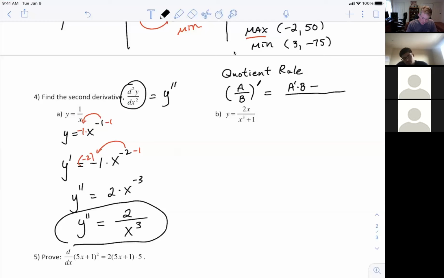And then it goes minus, copy down the top one, a, and then take the derivative of the bottom. And then it's all divided by the bottom squared. So that's how we're going to find the derivative. So the top is the a and the bottom is the b.